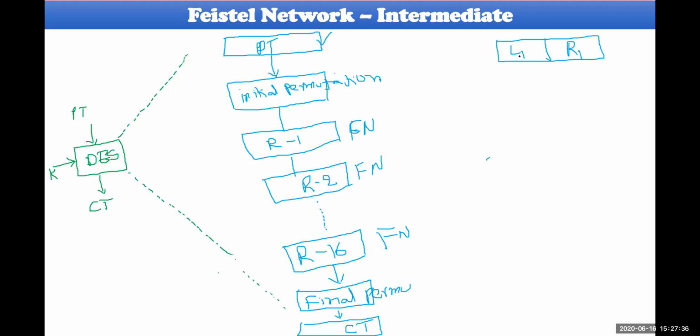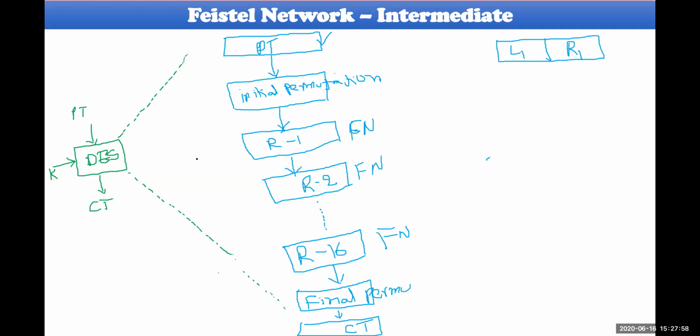Feistel has done some kind of operation, I think we discussed it yesterday. So after the initial permutation, it is sent to round one. Round one performs some kind of operation, then after round two, round three, and so on.